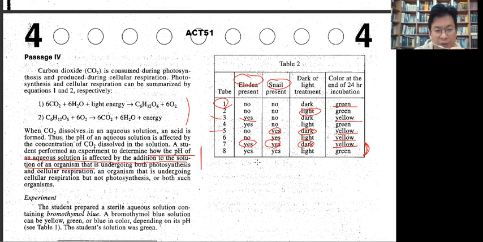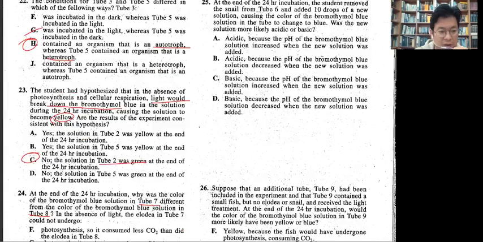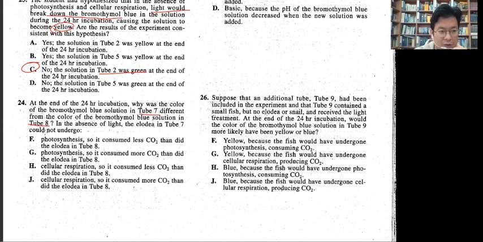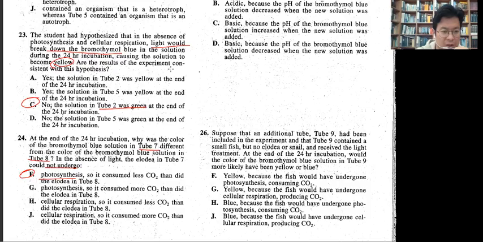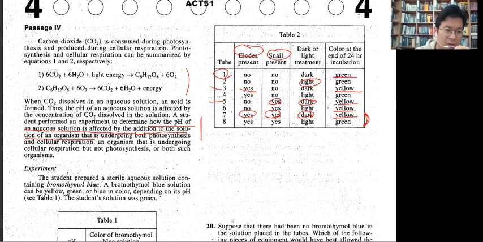Okay, so it's F, because tube 7 is dark, so we have light energy, but the Elodea itself is consuming this CO2.